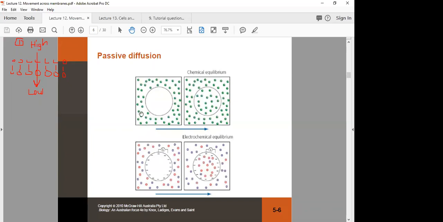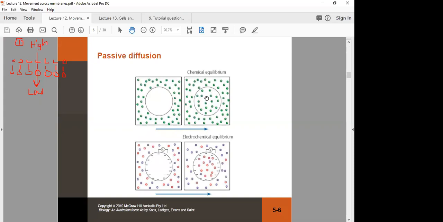So in this upper panel here, we're considering only the chemical or concentration gradient on its own, and we have here a cell. Outside the cell, we have a high concentration of molecules, low concentration here. Of course, because diffusion occurs from a region of high concentration to a region of low concentration, these molecules will simply diffuse into the cell, which is what you can see here, until an equilibrium is reached.